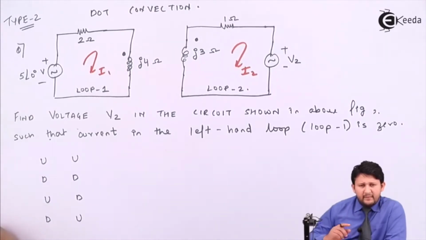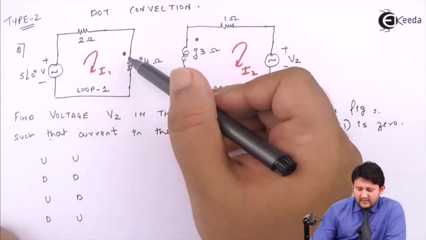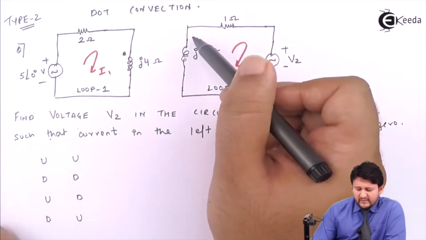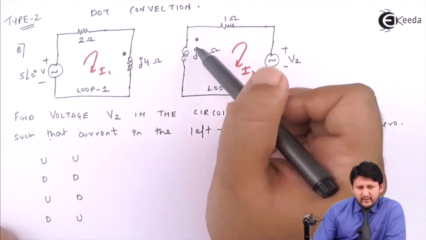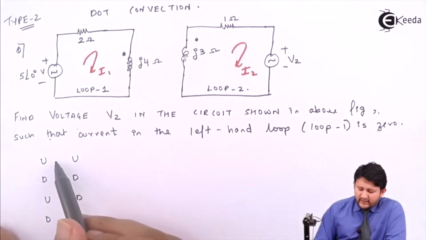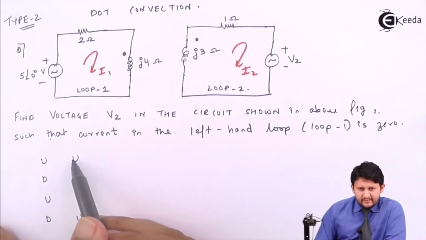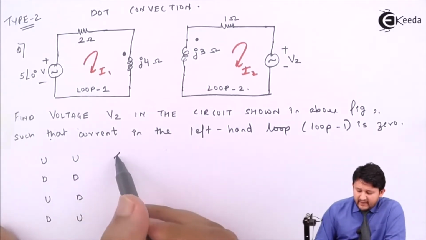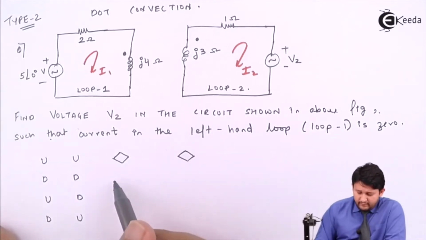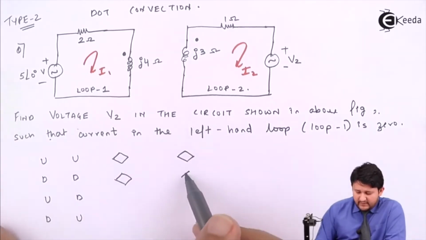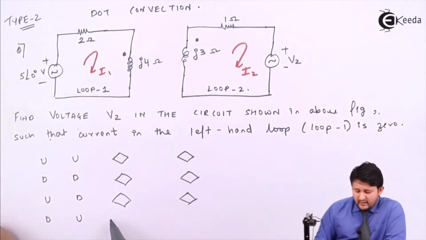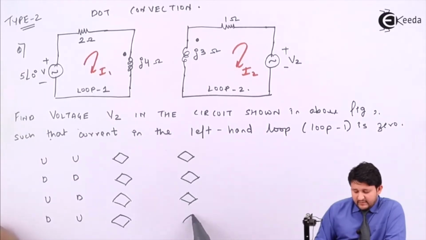Up means upper than the inductor. So if both are in the up direction, I need to replace it by a voltage source. Down, down, voltage source. Up, down, voltage source. Down, up, again voltage source.